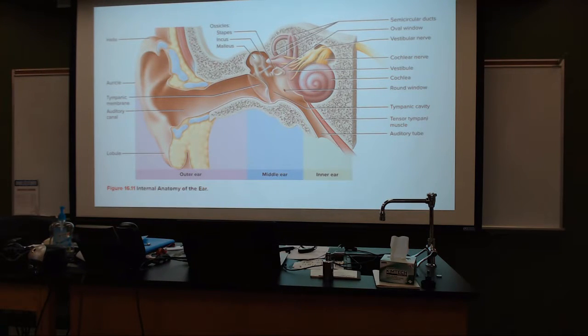I know a cochlear implant is to help somebody who can't hear. When we look at the structures listed here, we have the cochlea. Do you see a part of that vestibulocochlear nerve attaching to that area?